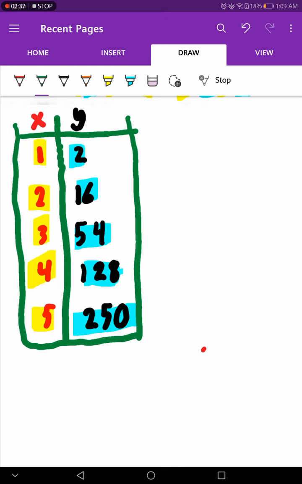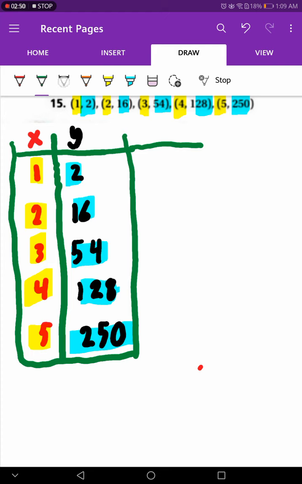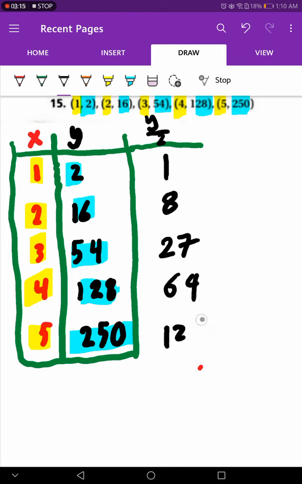And this step, as you know, is to find the common factor between 2, 16, 54, 128 and 250. You can divide by 2. So y divided by 2: 2 divided by 2 is 1, 16 divided by 2 is 8, then 27, 64, 125.